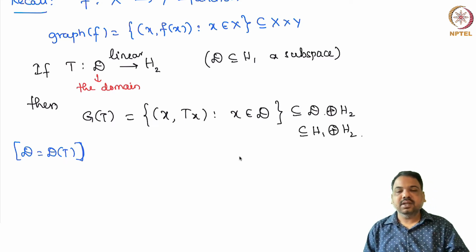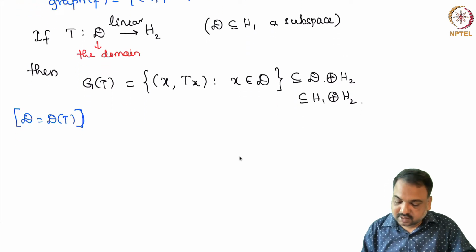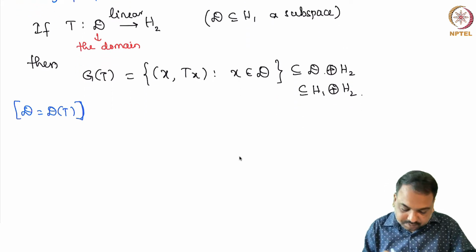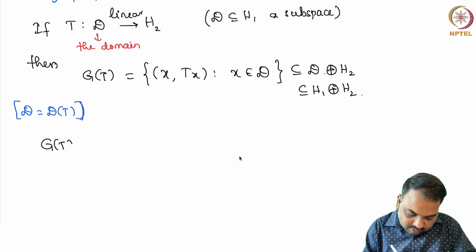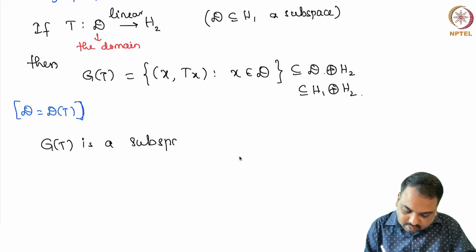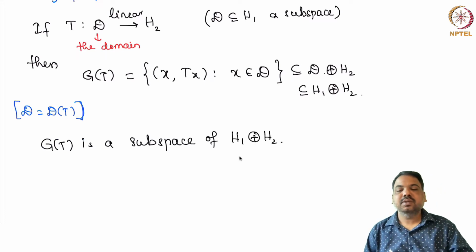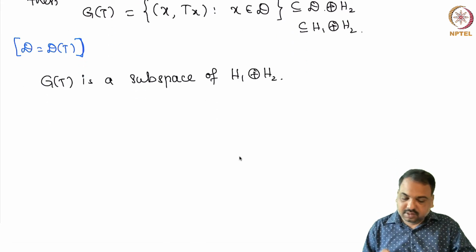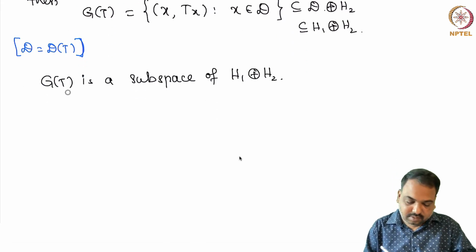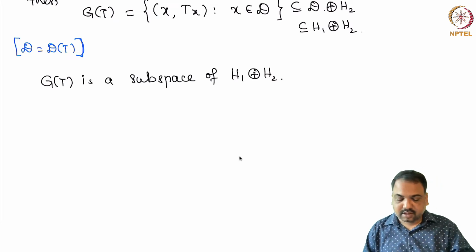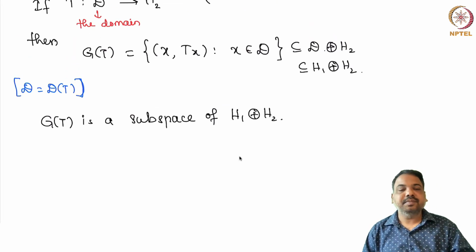So G(T) we can easily show to be a subspace of this direct sum, that is, G(T) is a subspace of H1 direct sum H2. Okay, that is because T is a linear map.